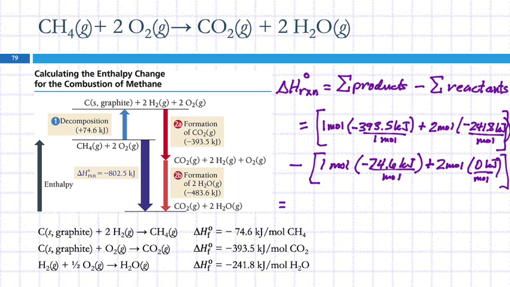Okay, so I've got negative 393.5 plus 2 times negative 241.8 minus the quantity 1 times negative 74.6 plus 2 times 0, close the parentheses, negative 802.5. Same as over here.